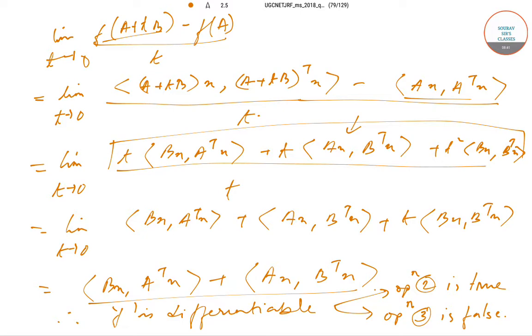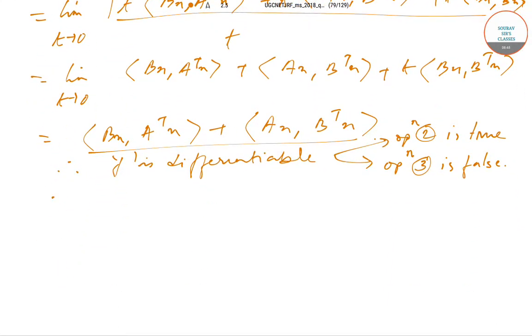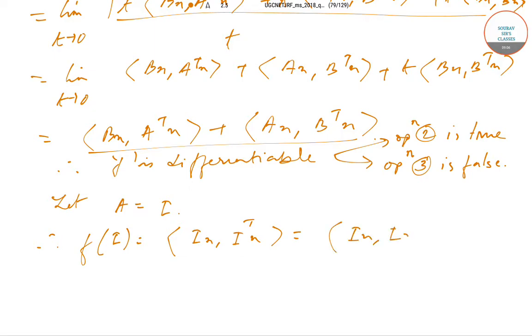Now to check whether f is unbounded, let a be the identity matrix. If we find f of I, this will give us the inner product of ix comma I transpose of x. I transpose is again I, so this is the inner product of ix comma ix, which is nothing but mod of x whole square.